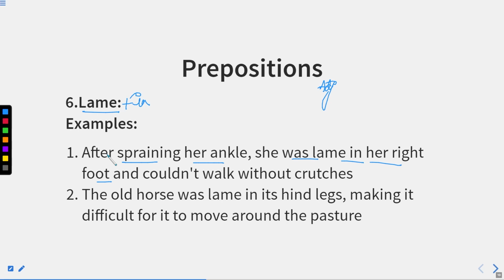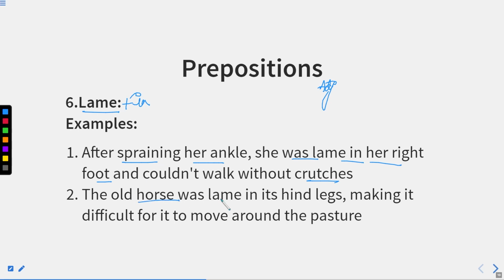There is a situation called spraining. And could not walk without crutches. Now crutches are actually the sticks which a person carries under the arms, just for walking. So you must have seen a person who is lame, he generally uses crutches.